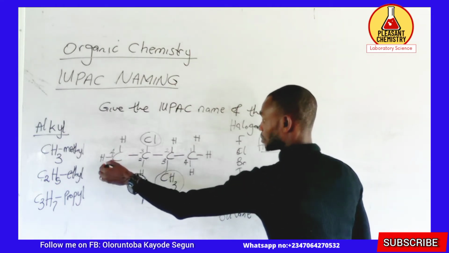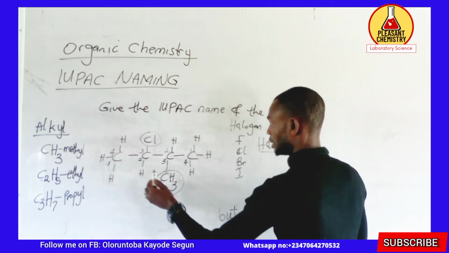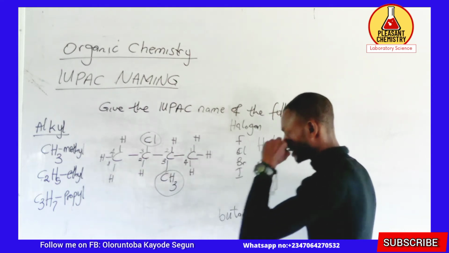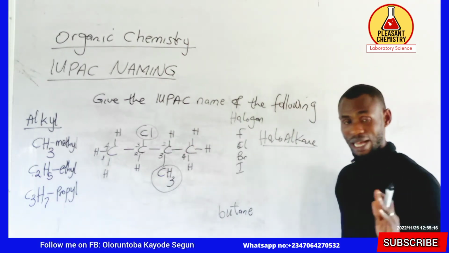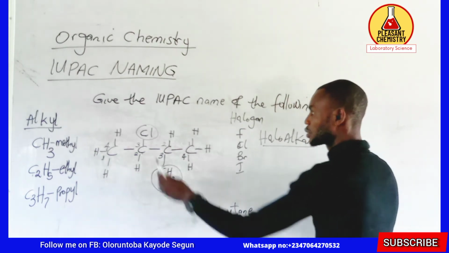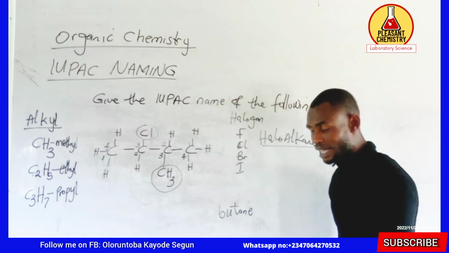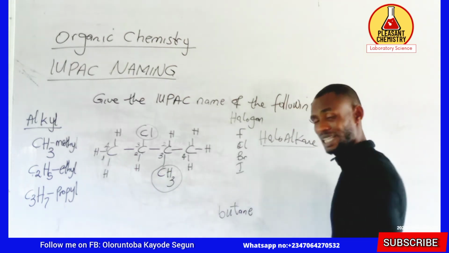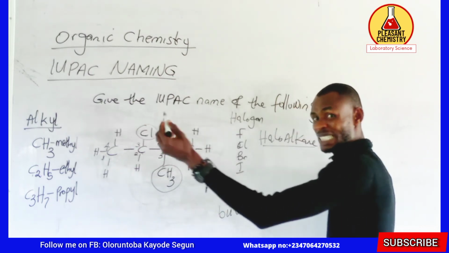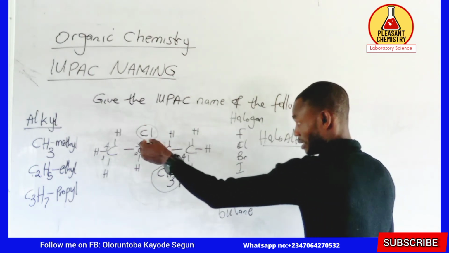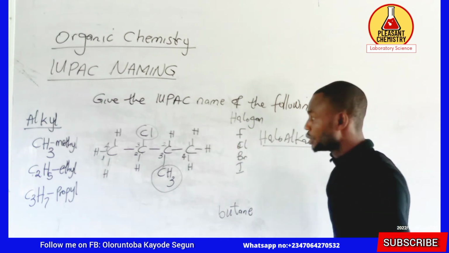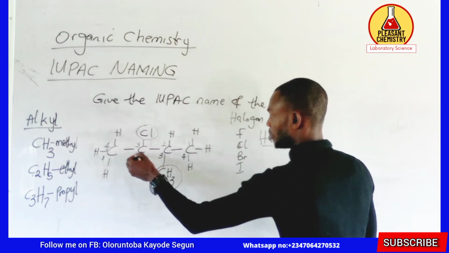So we start counting from the left-hand side now, and then our chloro group is on 2, our methyl group is now on 3. Since we are having 2 different attachments, we are going to arrange them alphabetically. This one is chloro, which starts with C, and this one is methyl, which starts with M. So the chloro group name becomes first, because it starts with C, and it falls on carbon number 2 here.